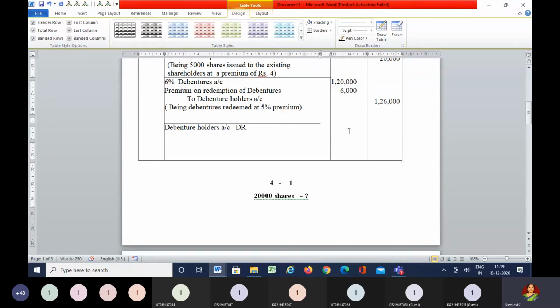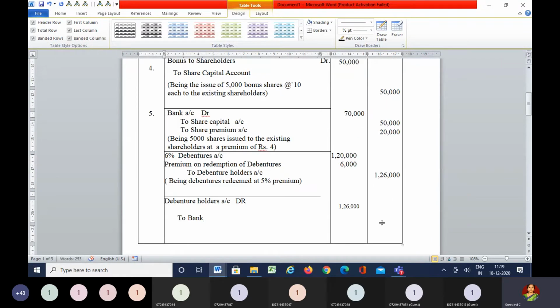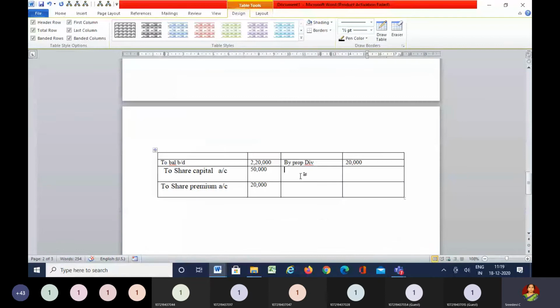Yes, we have to make a payment of 1,20,000, followed by the transaction to be shown here. So in the bank account, again on the credit side, by debenture holders.